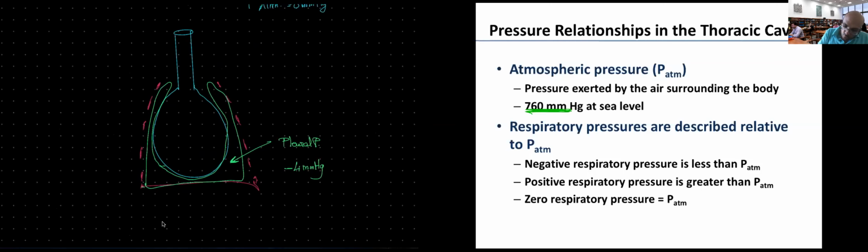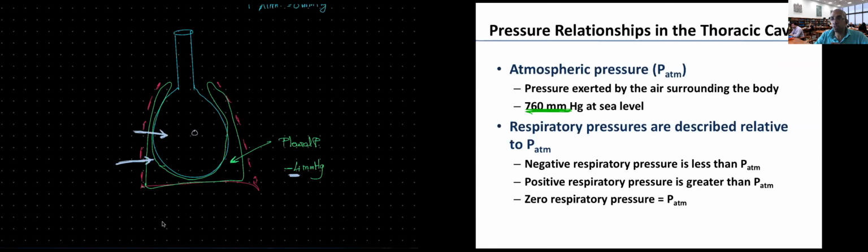And what keeps my lungs inflated is the difference between the pressure inside the lungs and the pressure outside the lungs. So what is the pressure that keeps the lungs inflated? If this is a zero pressure, 0 millimeter mercury inside the lungs, and outside the lungs, I have a -4 millimeter mercury.